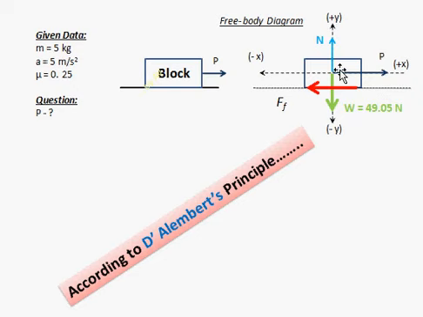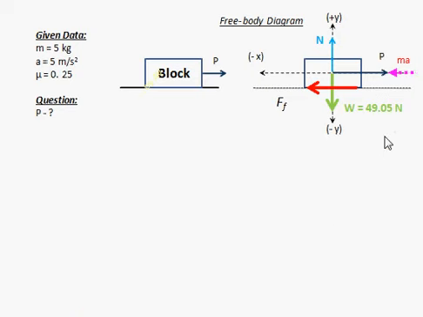Here the movement of the block is towards the right hand side. So an imaginary force MA has to be applied against the direction of motion. Here this arrowhead indicates the imaginary force, and that imaginary force is nothing but MA. And of course we can take that from the center point towards the other side like that.